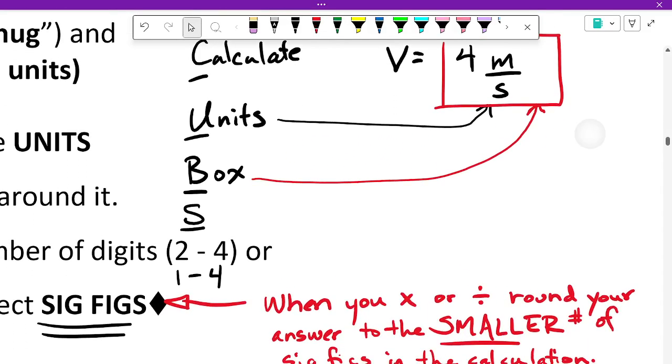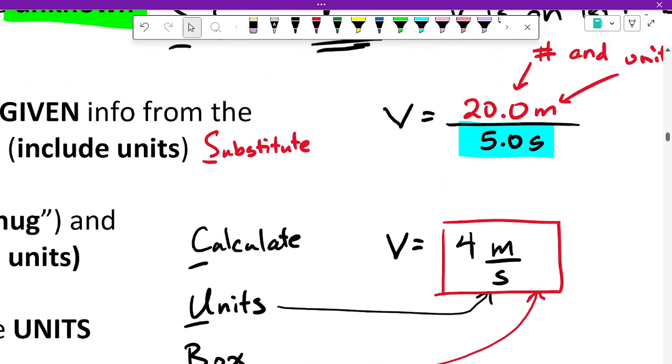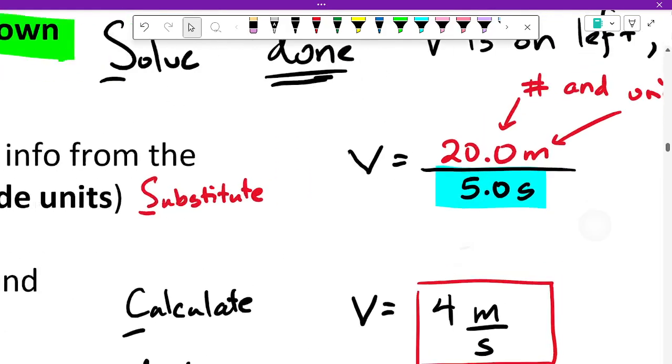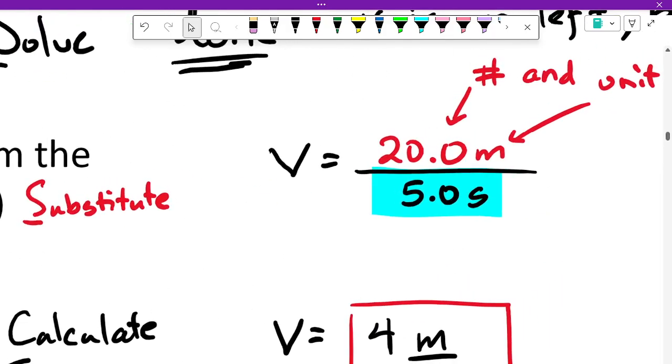So what we're going to do, I'll bring this back down again so you can see it, so don't worry about copying it just now. We're going to look at the number 20.0. How many sig figs in the number 20.0? Anyone remember how to do that? There are 3, okay? 3 sig figs.